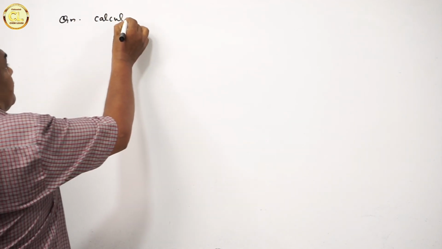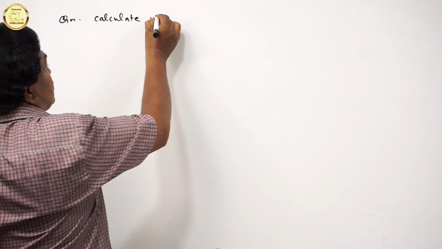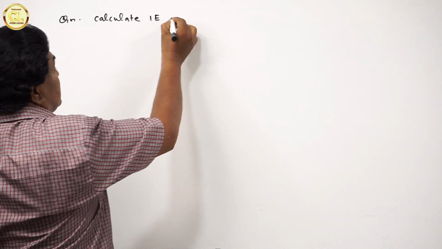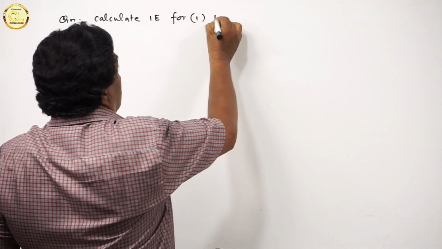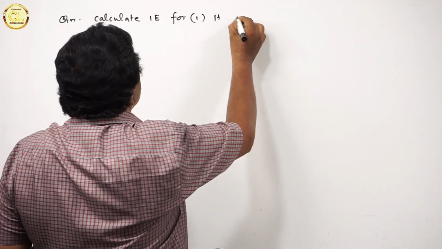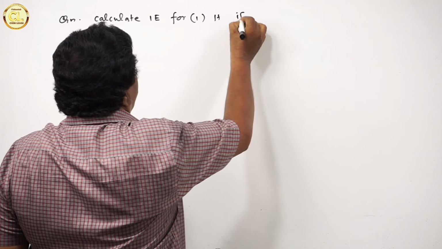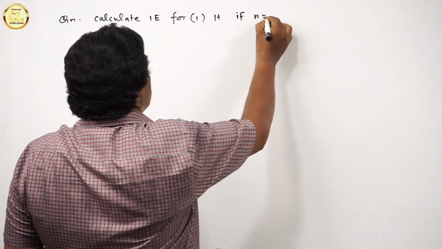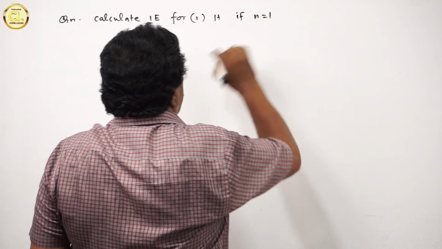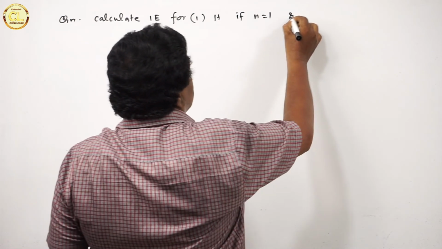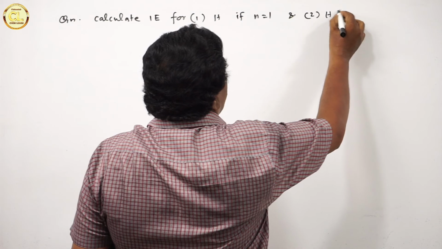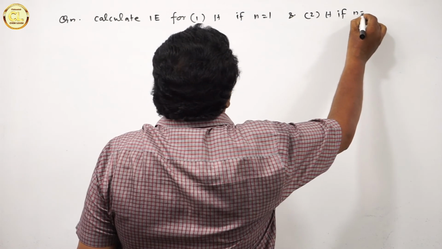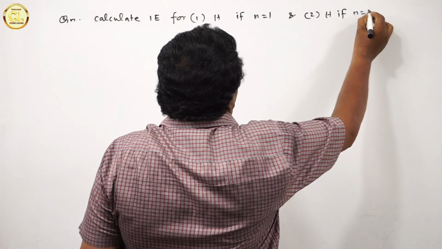Calculate ionization energy for hydrogen if n is equal to 1 and for hydrogen if n is equal to 5.